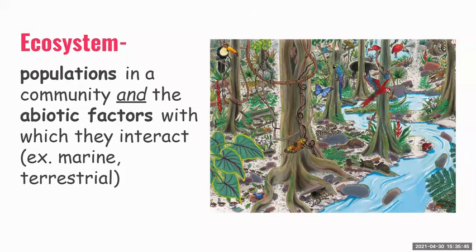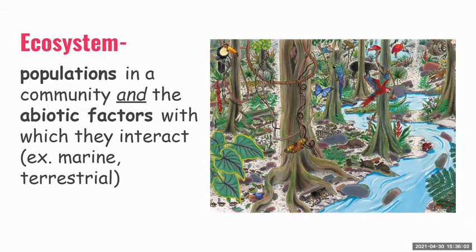When you get to the ecosystem level, this is when we start seeing the community. So all the populations that you see in your community, the sloth and the toucan and the butterfly. And you see abiotic factors that they interact with.